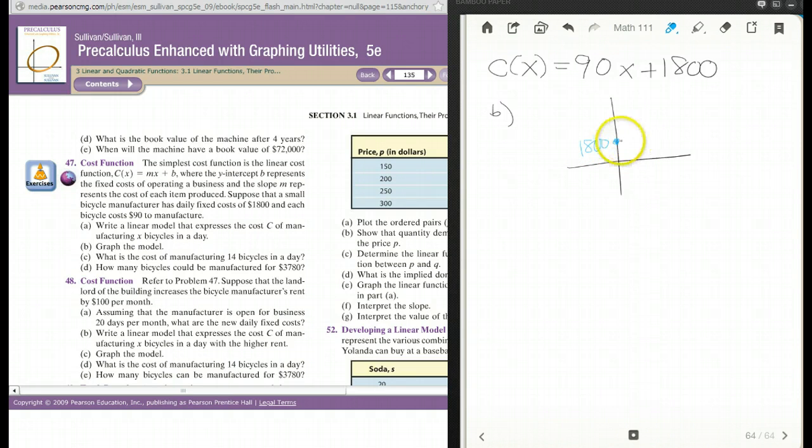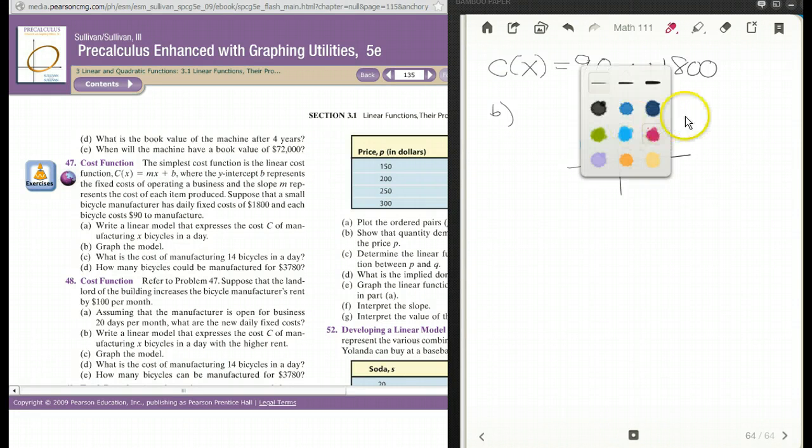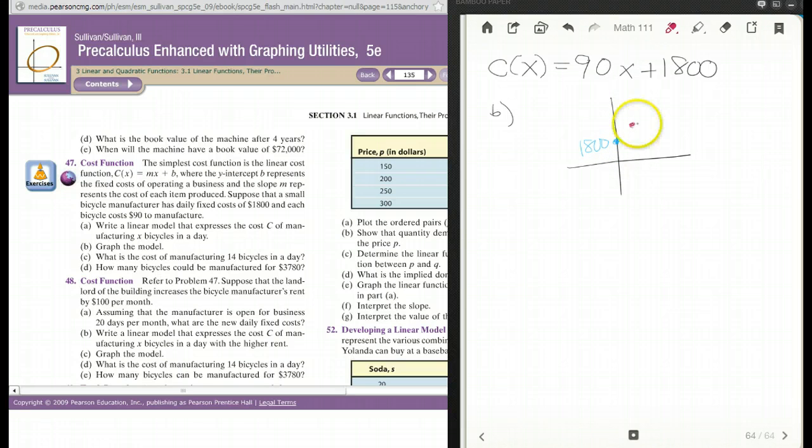So that's 1,800. And then my slope is 90, so to get to the next point, I go up 90 and over 1. Let's put that dot here. What would the ordered pair for that be? Notice this one right here, let me rewrite it as an ordered pair.